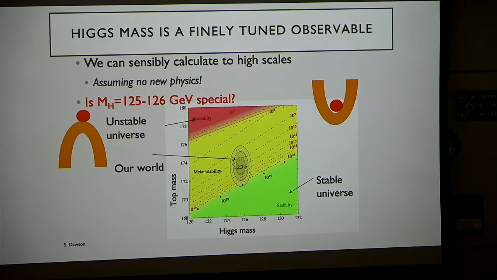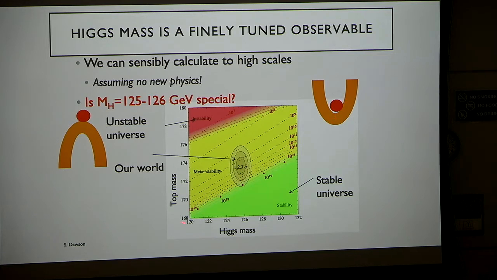Okay, so what it means is that the Higgs mass is very finely tuned. So here we have the Higgs mass and the top mass. So here is the unstable region where we're up here, and here's our potential, and it's going to roll down. Here's what we really want to be, at the bottom of the potential.